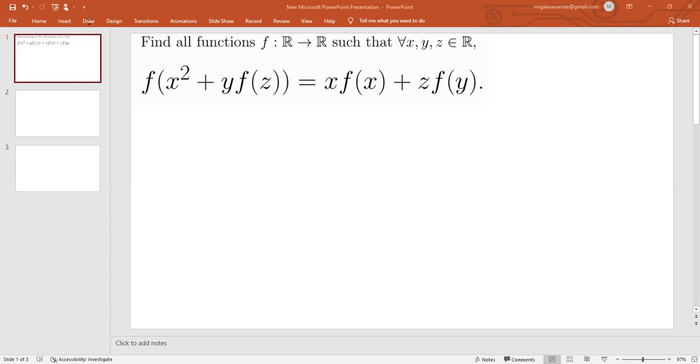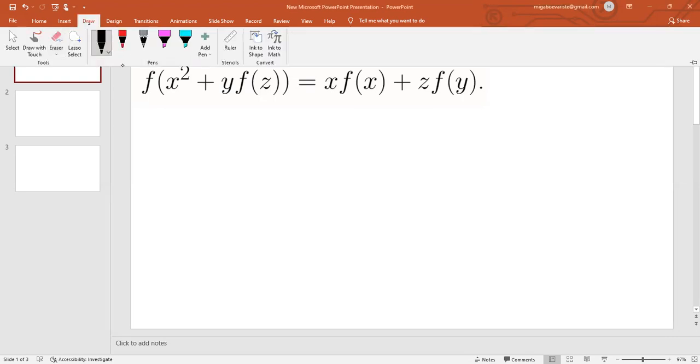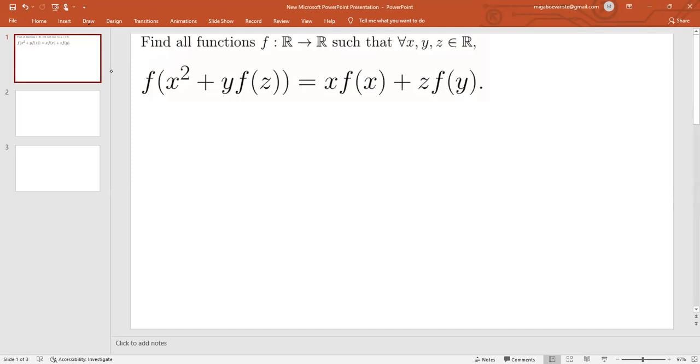Now, the first thing I'm going to do here is to plug in some values. When you are solving functional equations, plugging in values is the most common way to approach these problems.